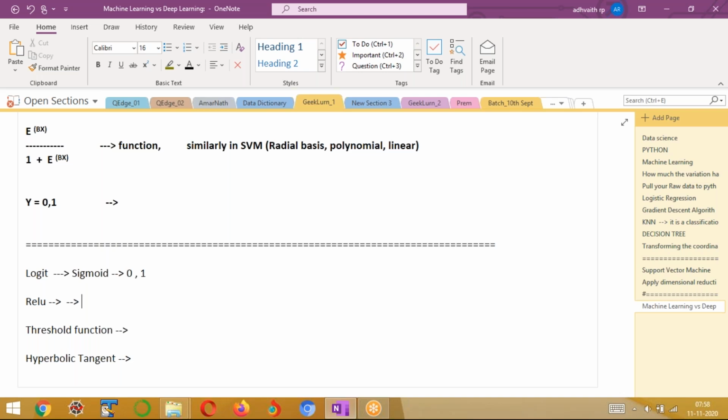Here the thing is, it will be like this: max of your actual value or your 0. So what does it mean here?